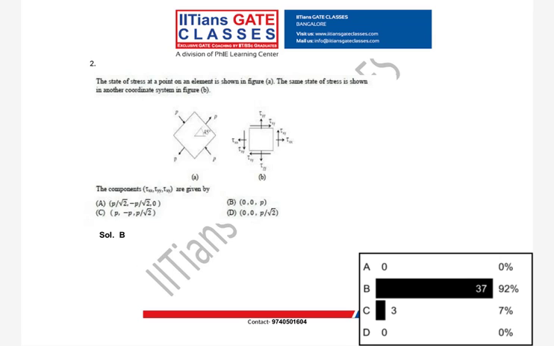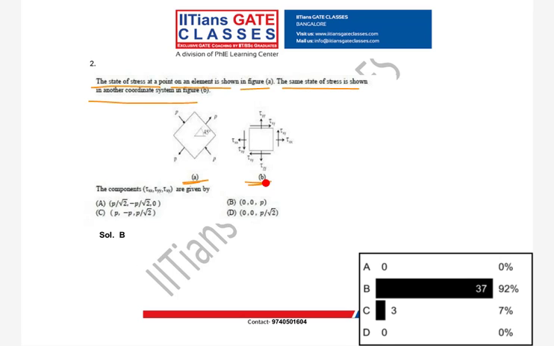So let me do it. Here, if you see the figure, first read the question. It says: the state of stress at a point on an element is shown in the figure. My stresses are given in an inclined coordinate system. The same state of stress is shown in another coordinate system.